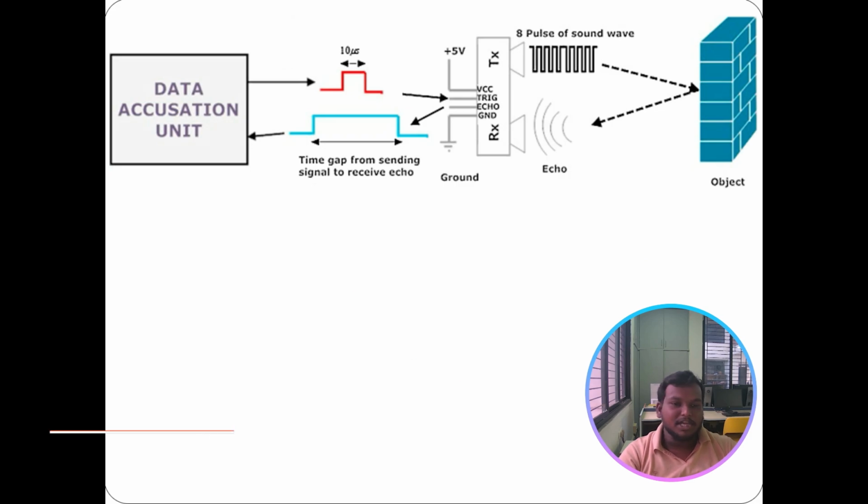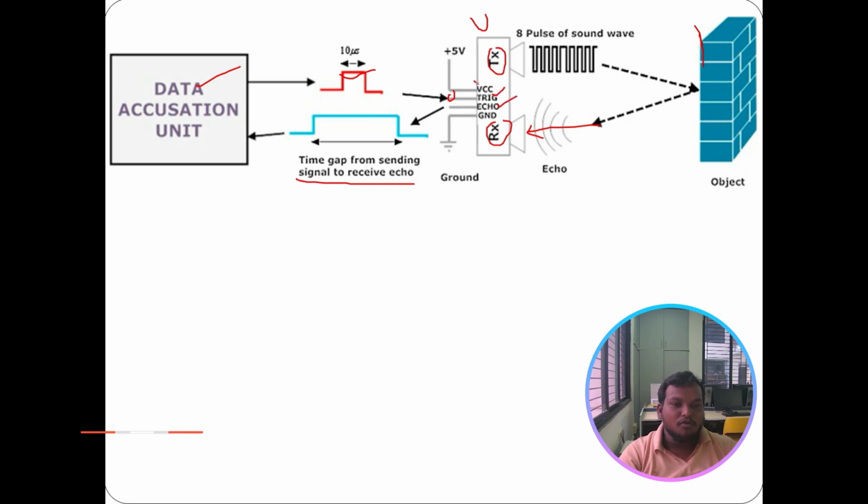We can see here the working principle of the ultrasonic sensor. It has a transmitter and receiver. The transmitter transmits the signal, which moves to detect the object. It comes back to the receiver of the ultrasonic sensor. This one is the data transferring unit, which records the time gap from sending the signal to receiving the echo.